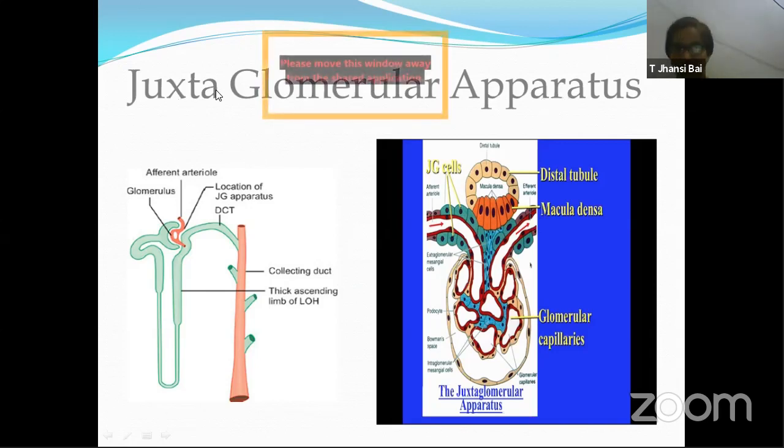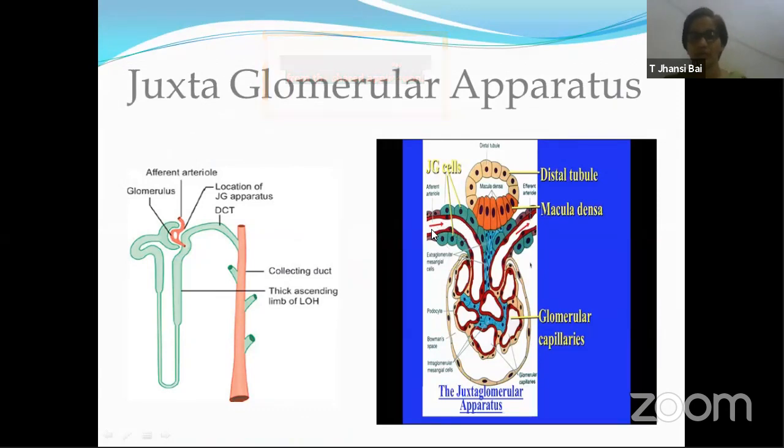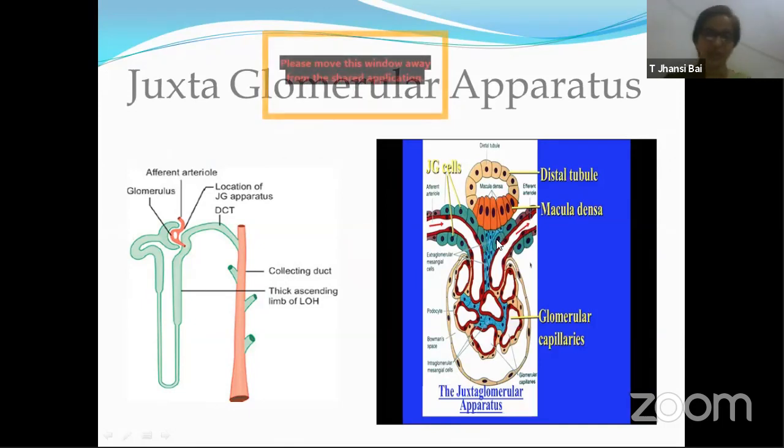What is the juxtaglomerular apparatus? It is a combination of specialized cells of three different groups present in the nephron. What are those three regions? First, the smooth muscle cells of the afferent arteriole, some of them. Second, in the efferent arteriole, the mesangial cells, which are not given in the textbook.